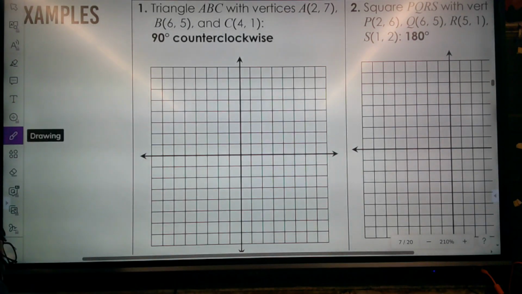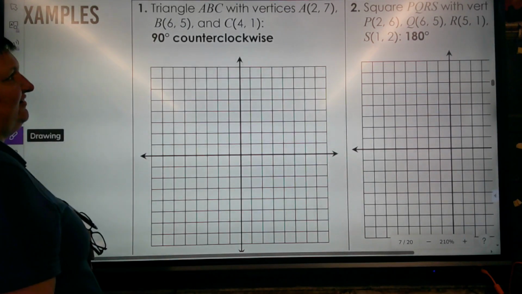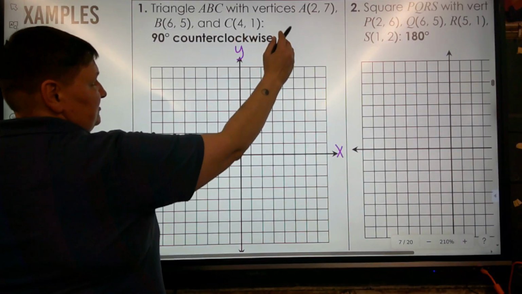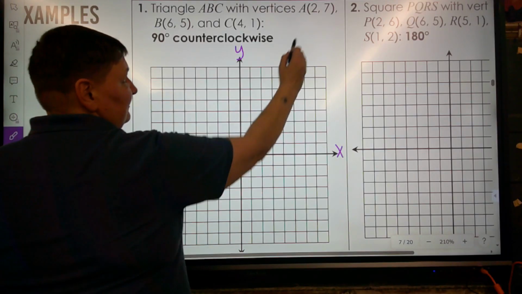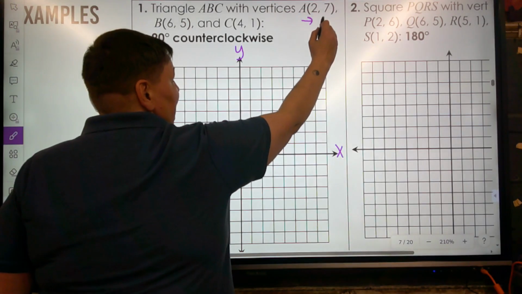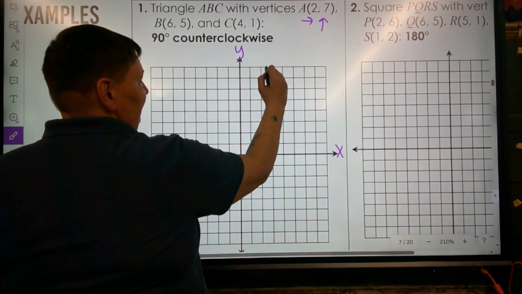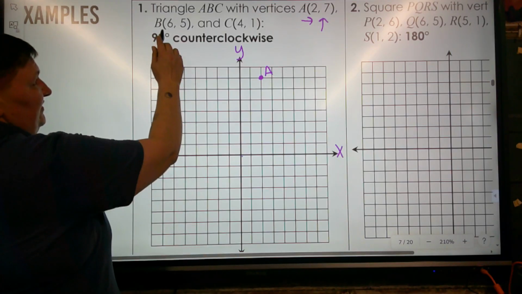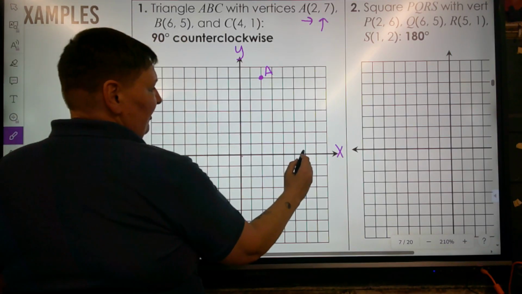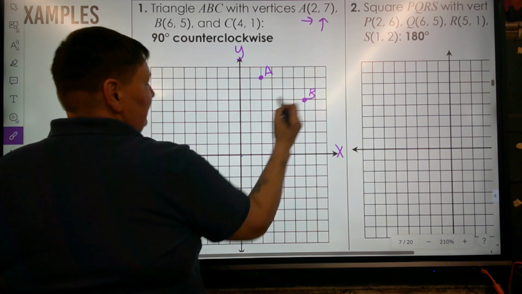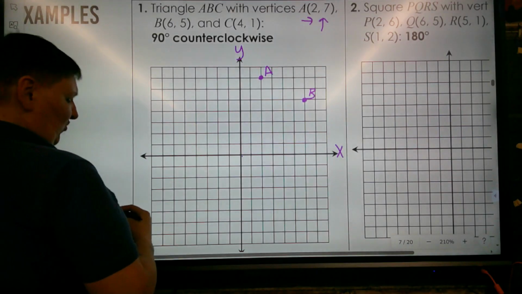Triangle ABC with vertices A is 2, 7. So A is going to go 2 right and 7 up. 2 right, 7 up is A. B is 6, 5. So 6 right, 5 up is B. C is 4, 1.